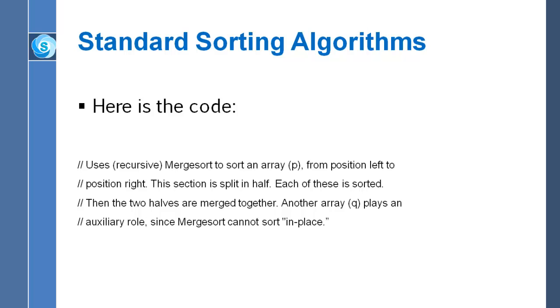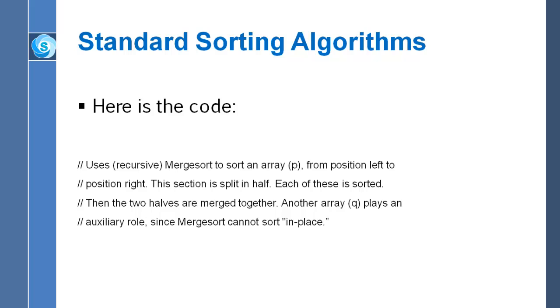Let me pause and clear here. Of course, we're interested in sorting the entire array, but we're going to have to make recursive calls to this function merge sort. And those subsequent recursive calls will not be responsible for sorting the entire array. They'll only be responsible for sorting a subarray, a portion of the original array.